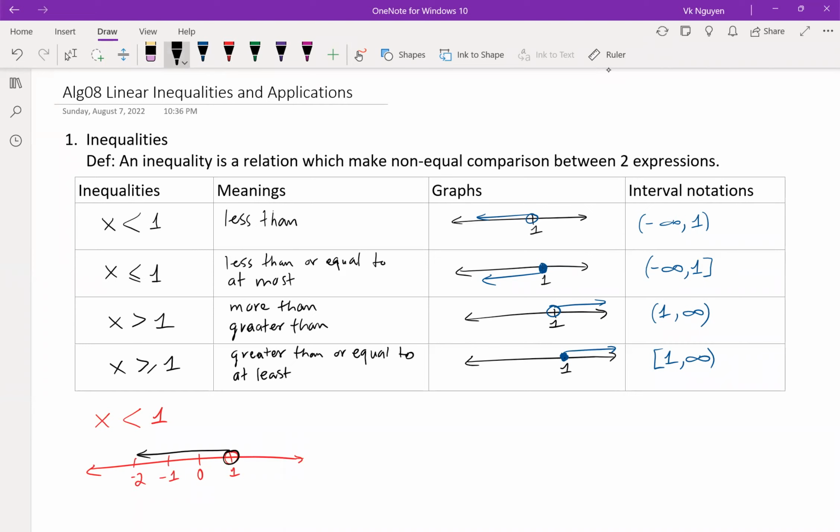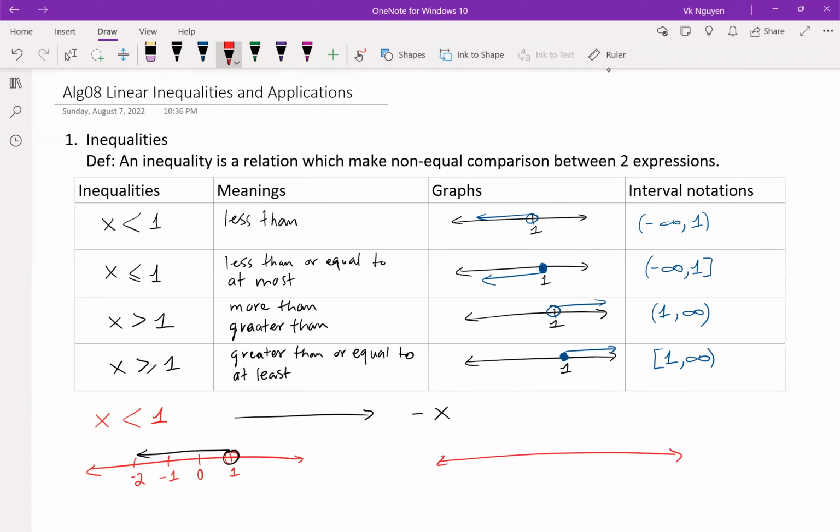When we multiply or divide by -1, we get -x. So what is going on here with the -x? Is it still less than 1? Let's take a look.